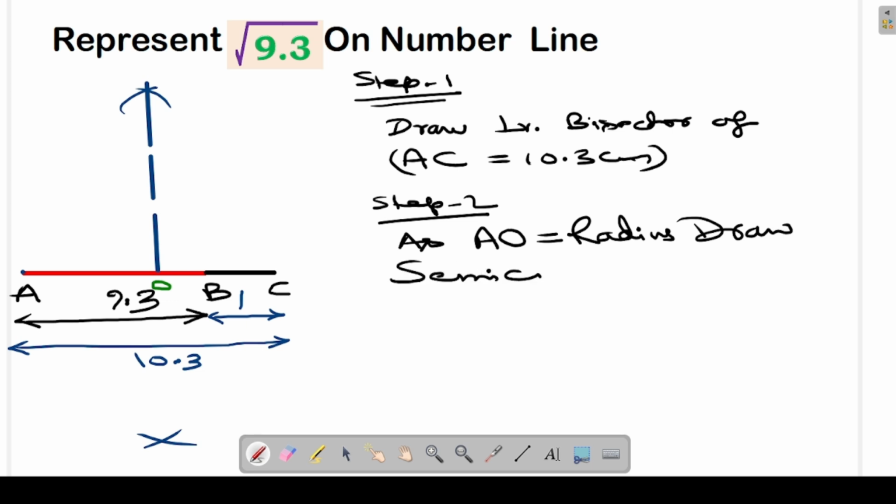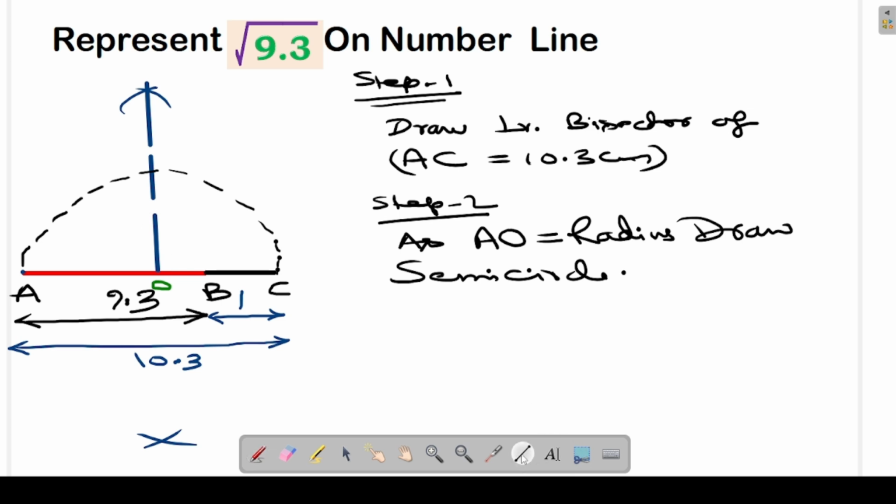Irrespective of its length, just measure it, and keeping the center at O, put the pencil end at A and draw a semicircle like this, which will intersect the line AC at A and C.